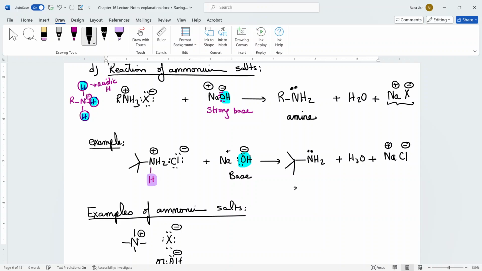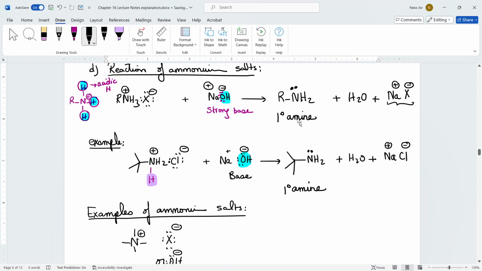So here it's making an amine, and in this particular example, it's making a primary amine because I am starting with an ammonium salt that has 3 hydrogens in there. If I start with an ammonium salt that has 2 hydrogens, then I'm going to make a secondary amine. So please pay attention to that.